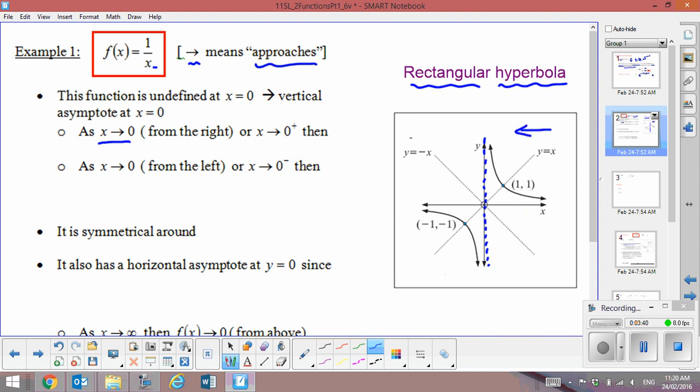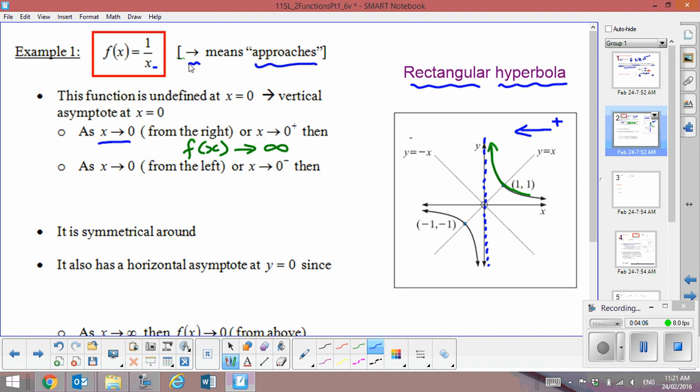If it's coming in from the right, it's coming from the positive end. As it approaches 0, what does our function approach? We can see our function's getting bigger and bigger. It approaches infinity. So f of x approaches infinity as x approaches 0 from above.